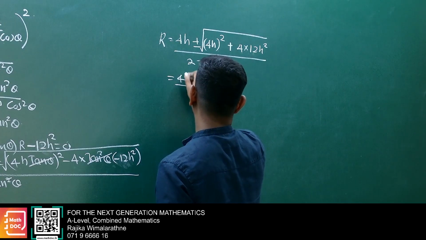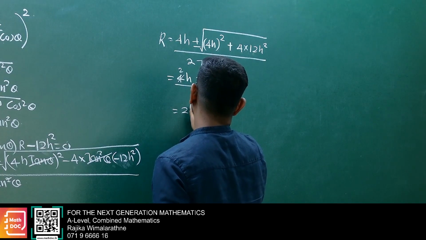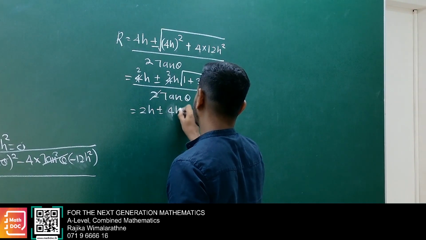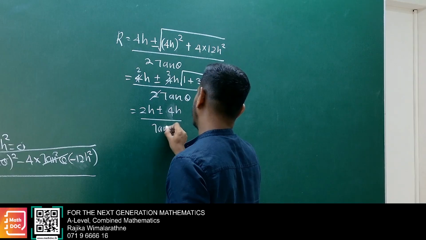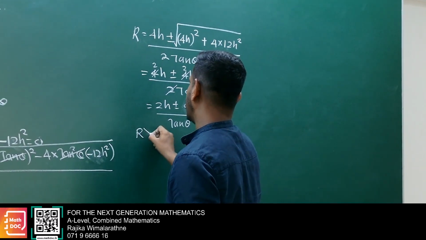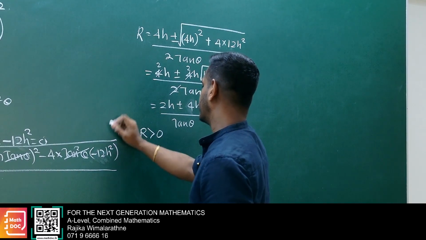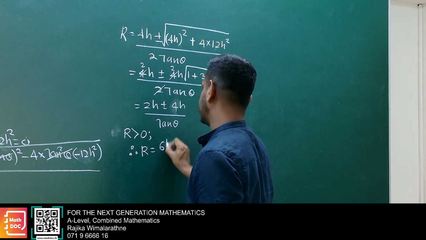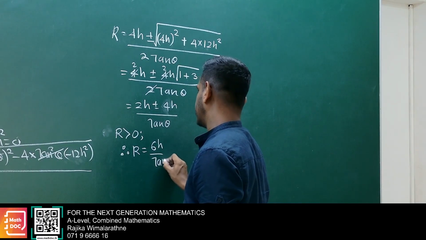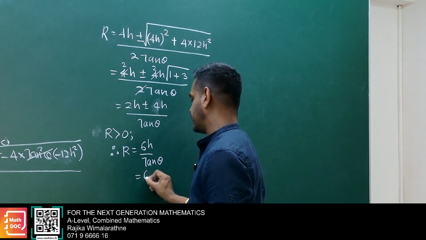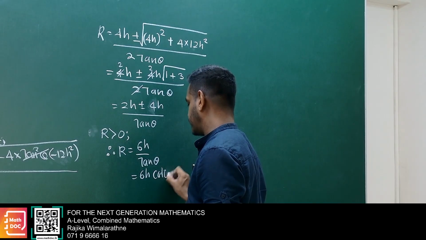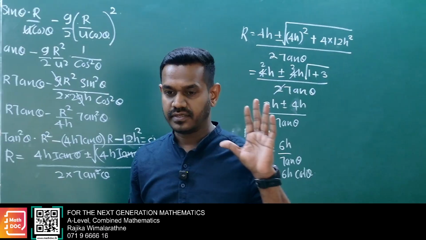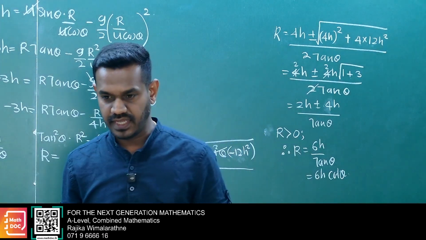Then cancel by 2: 2h plus or minus 4h over tan theta. Then the r value is greater than 0, therefore r equals 6h divided by tan theta. Take only the positive value, then 6h cot theta. Okay, completed. That is question number 2.